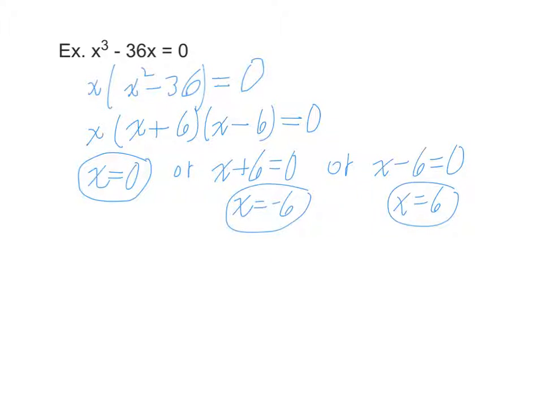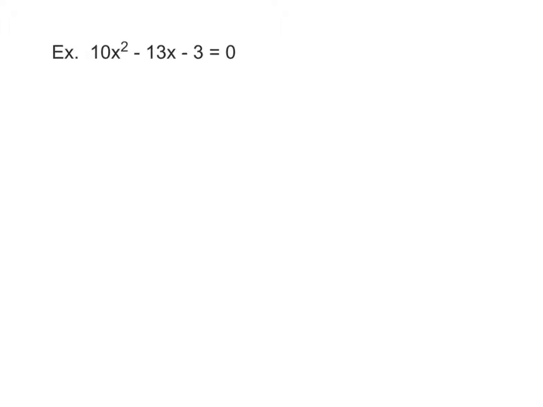I want to emphasize that this whole thing with factoring out the greatest common factor is so important. It has to be done first. For this problem, there's nothing in common when we start. Instead, I'll have to factor the trinomial. I'm looking for two numbers that multiply together to give me negative 30, but add up to be this negative 13 here in the middle.